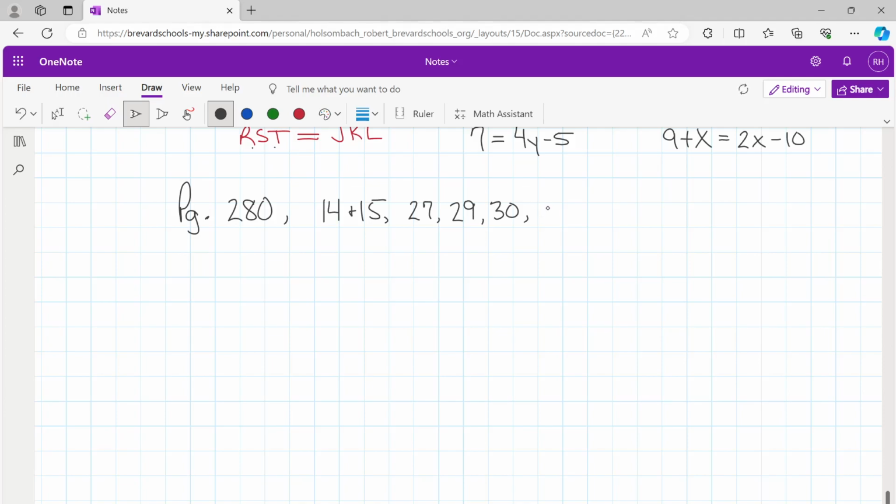And then 33 we've started, so I want you to finish it. And problem number 34. All right, again, wherever you can, make sure you're checking the odds in the back of the book.